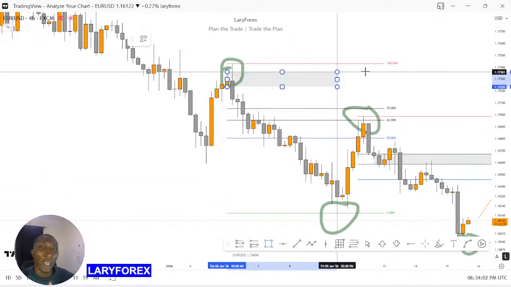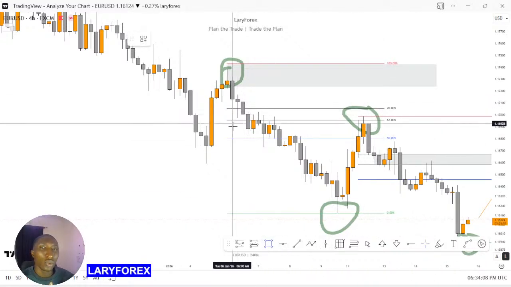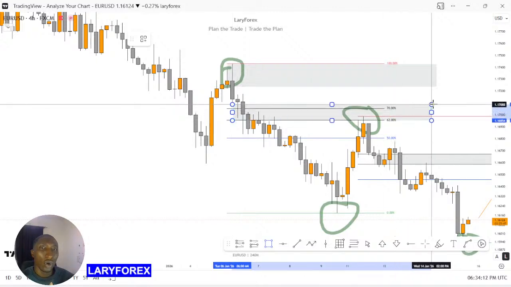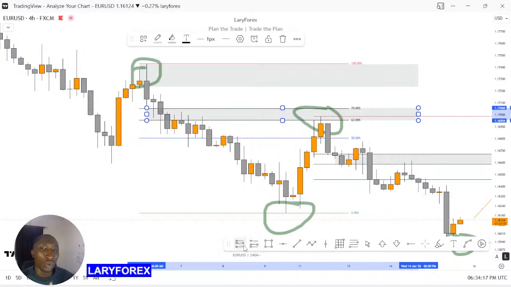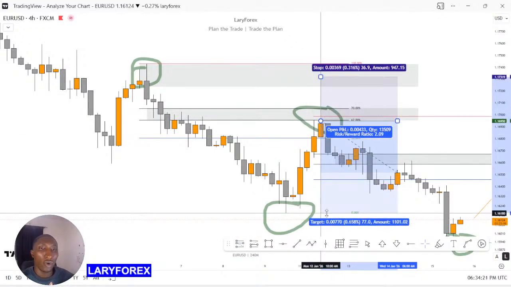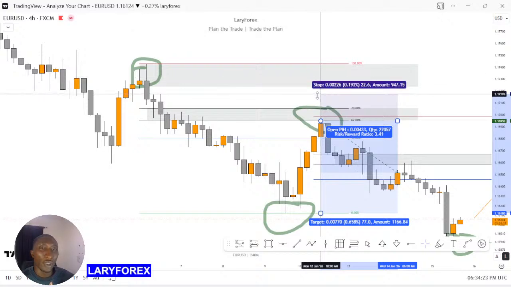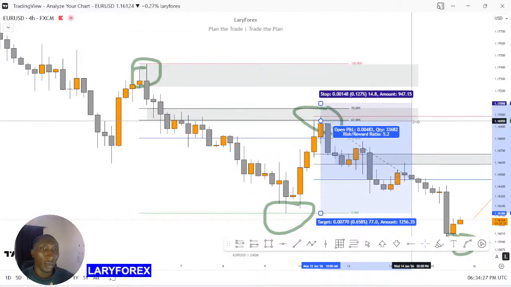First, this is an unmitigated supply level, and this is our 62 to 70% level. And when price returned there, you see what price did? Price sold from that level and hit our take profit at the swing low. Are you following?